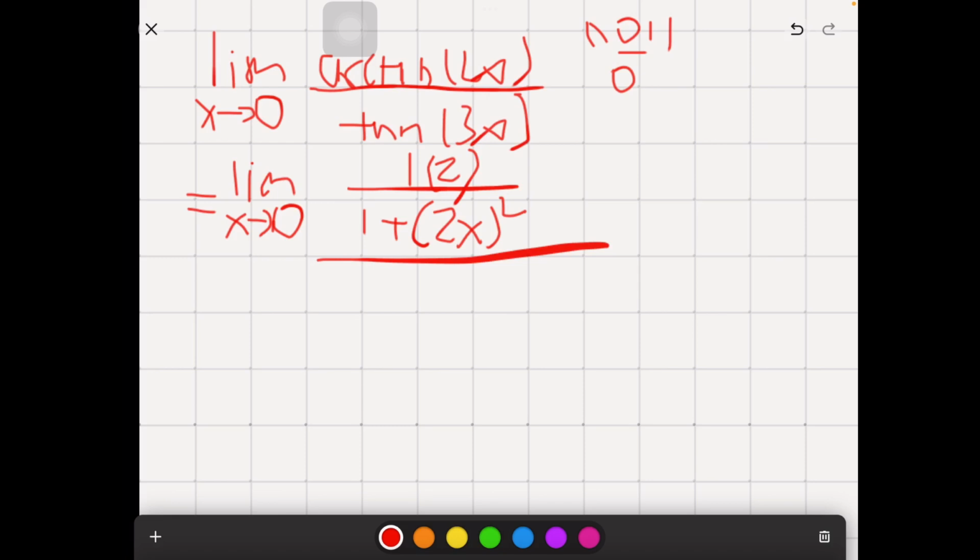And now on the bottom, we have tan of 3x, and it's a similar story. Because the derivative of tan x is equal to secant squared of x, we can use that.